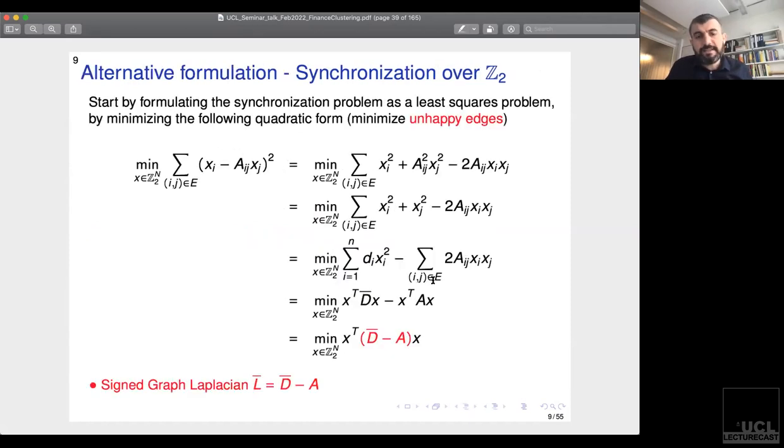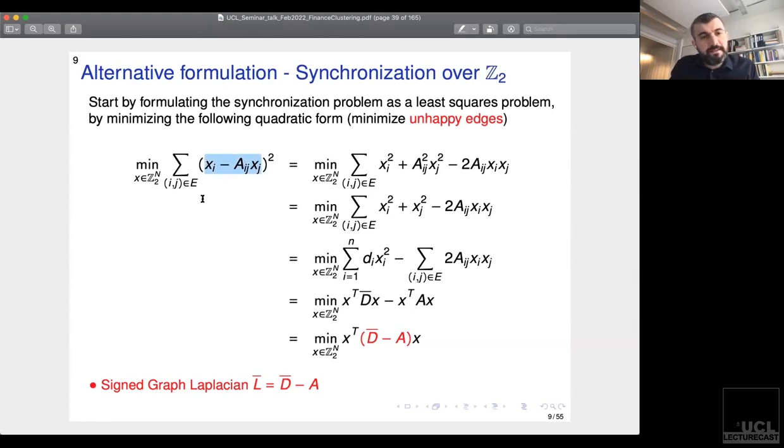Yet another way to derive, and a motivation for where the signed graph Laplacian arises from, is to think in terms of maximizing happiness, or rather minimizing unhappiness for the edge. So A_ij is given. And if we find an assignment x_i and x_j such that this quantity is 0, then the edge is happy. Otherwise, it's unhappy.